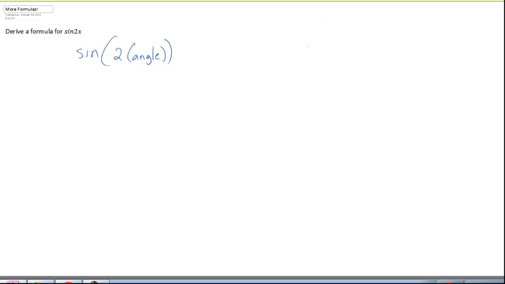It is tempting for many students to say, well, if I want to know what sine of 2 times pi over 3 is, then it's just 2 times sine pi over 3. And we see the 2, we just multiply the value by 2. Well, we should know better. We should know that, in fact, sine 2 pi over 3 is equal to sine pi over 3, which is equal to root 3 over 2.